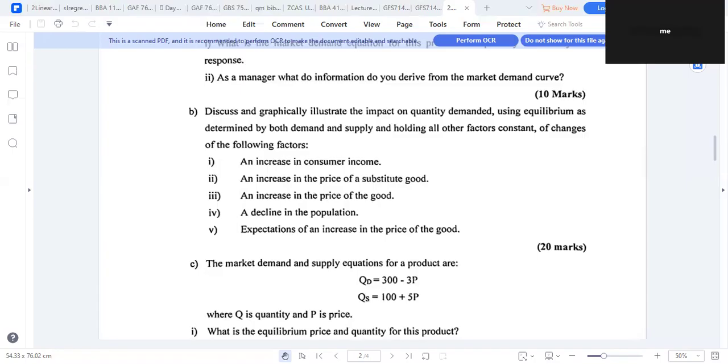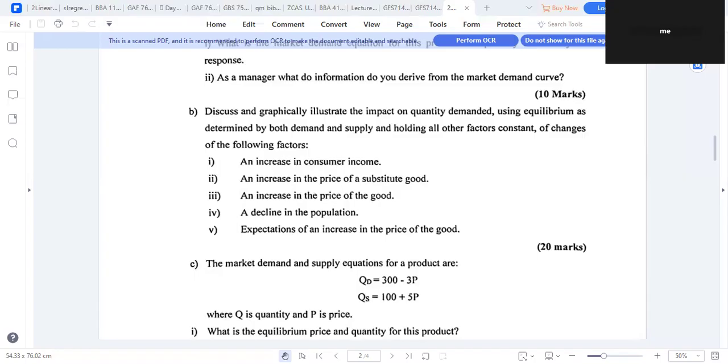So that good is now called a normal good. But if the income goes up and you're demanding less of that particular good, it is called an inferior good. So now I'm going to use the graphs to explain each of these so that you understand the graphical movements, because this is what the examiner wants you to know. So let's start with income.